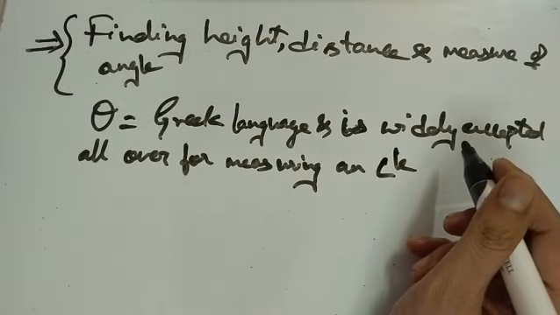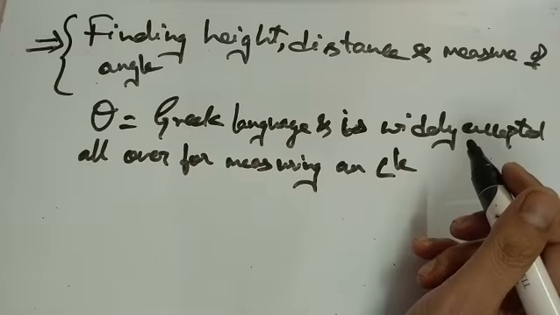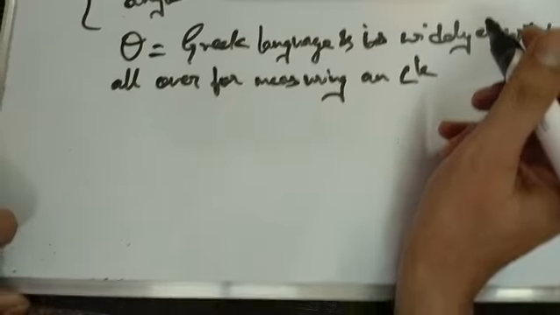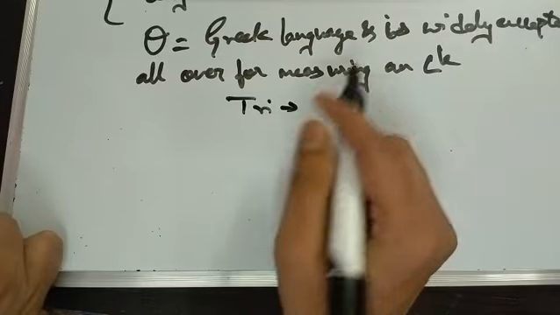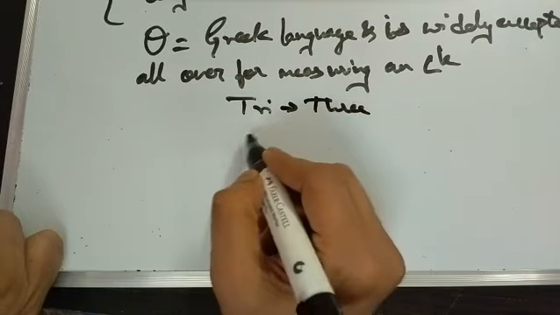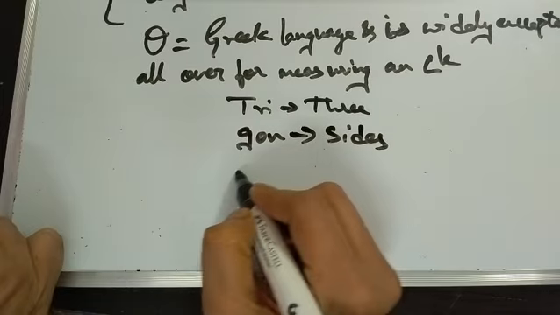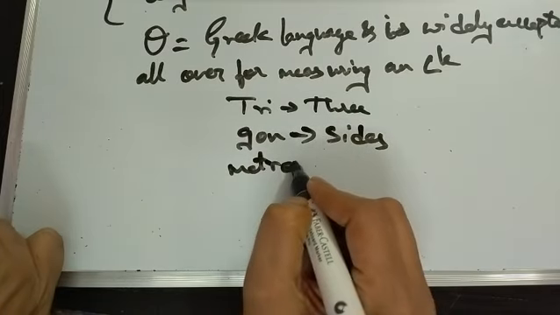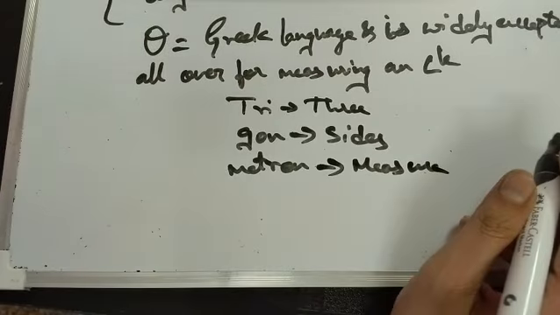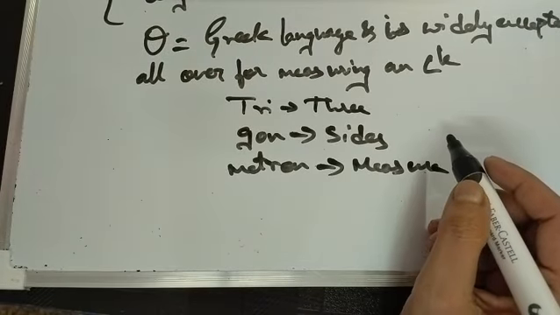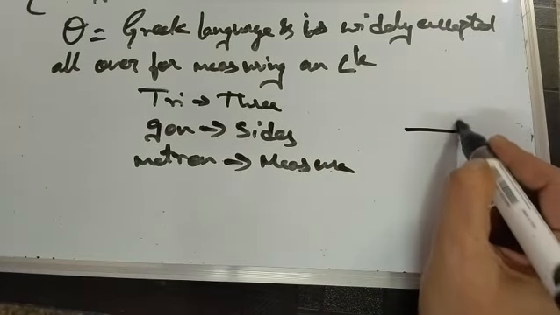Trigonometry, the name itself implies: tri means 3, gon means sides, and metron means measure. In this, we are calculating the distances within the triangle.